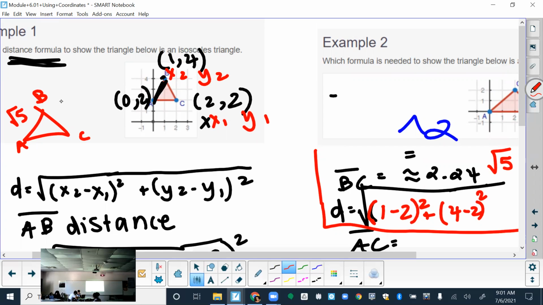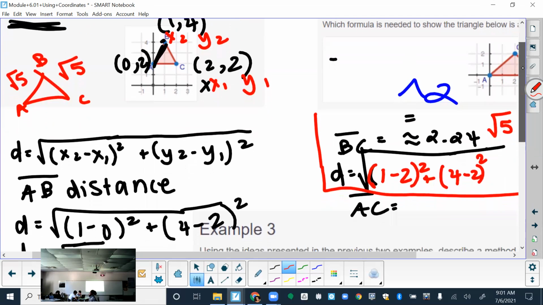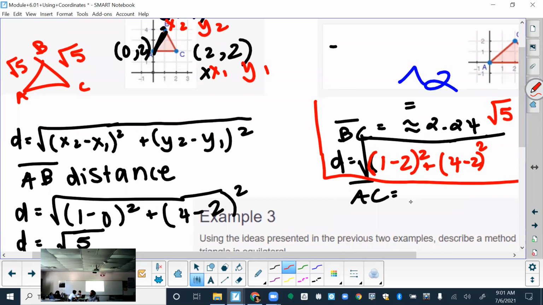Now we know that BC is square root of 5, but we still need to figure out what AC is, because it might be an equilateral triangle, we don't really know. So figure out what AC is using the same steps. We already figured out the coordinates, so you just have to plug them into the distance formula. I'll give you 1 minute to do that.